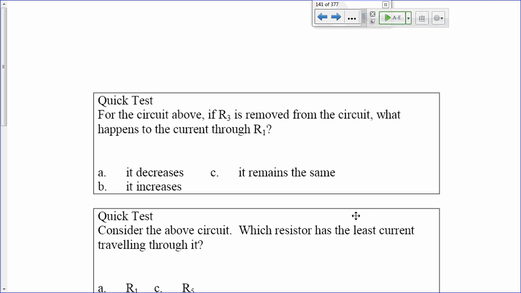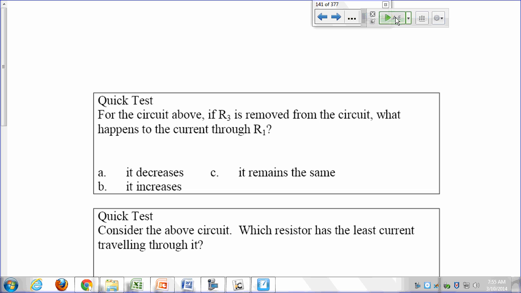Okay, if R3 is removed from the circuit, what happens to the current through R1? If R3 is removed, what happens to the current through R1?